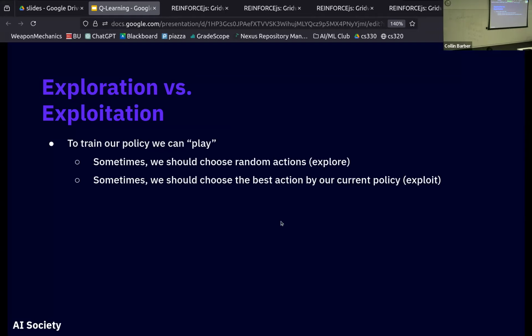So maybe I should sometimes randomly pick an action. And maybe I end up in this action that I haven't seen before. And that causes me to move towards that door. And then I find that that door's better. So the idea is we're sometimes using our Bellman equation to pick the best action, but sometimes we're choosing randomly.